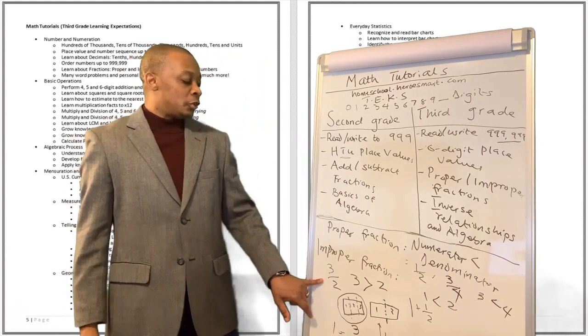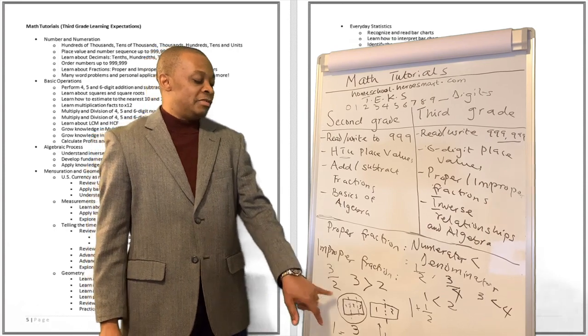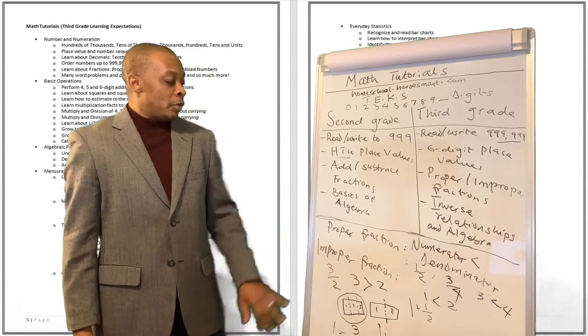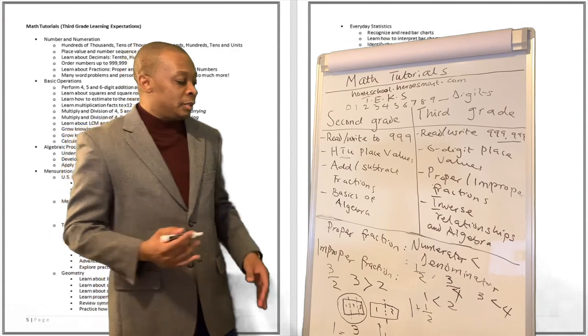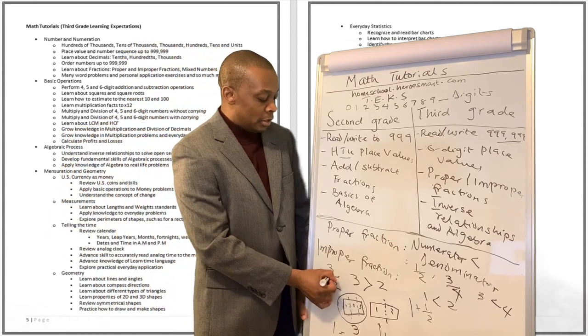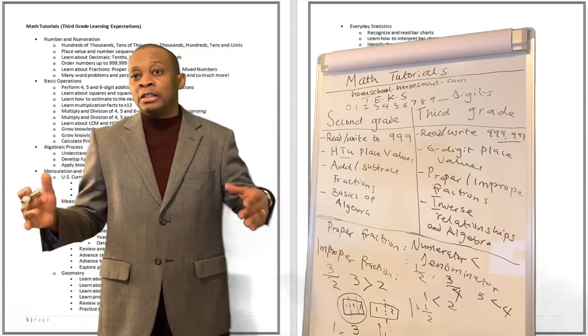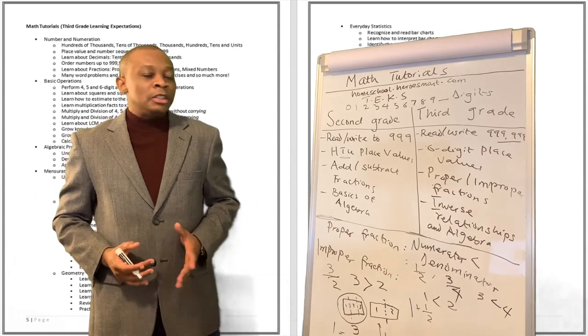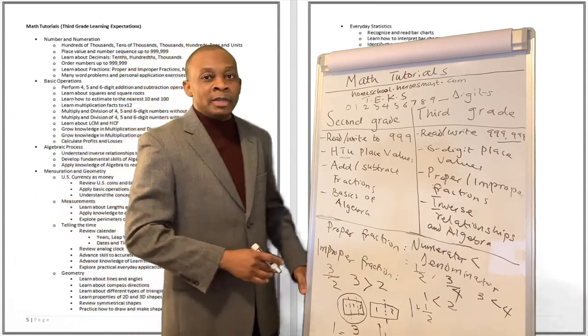Well, that's a situation in which we're going to have something like 3 divided by 2 over here. It is an improper fraction because the numerator is greater than the denominator. You can use that to teach them how it is going to be an improper fraction.